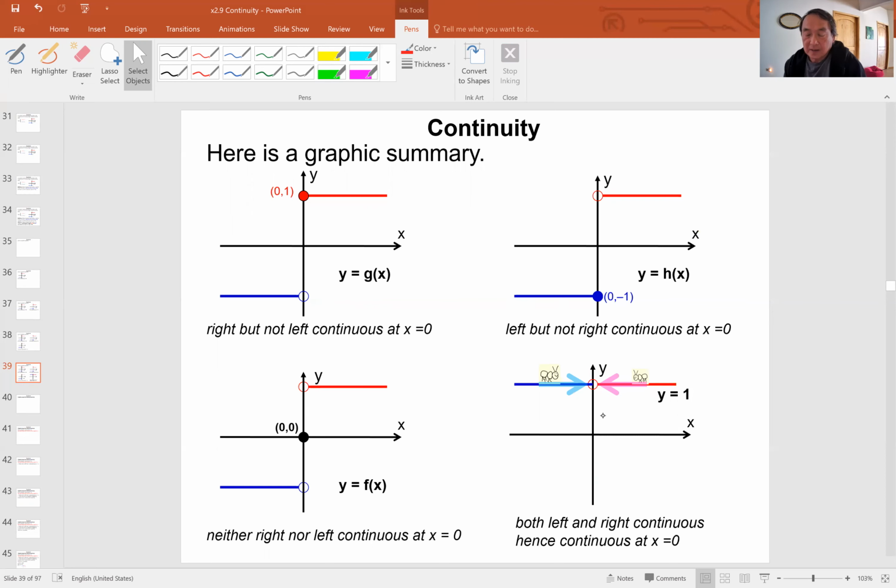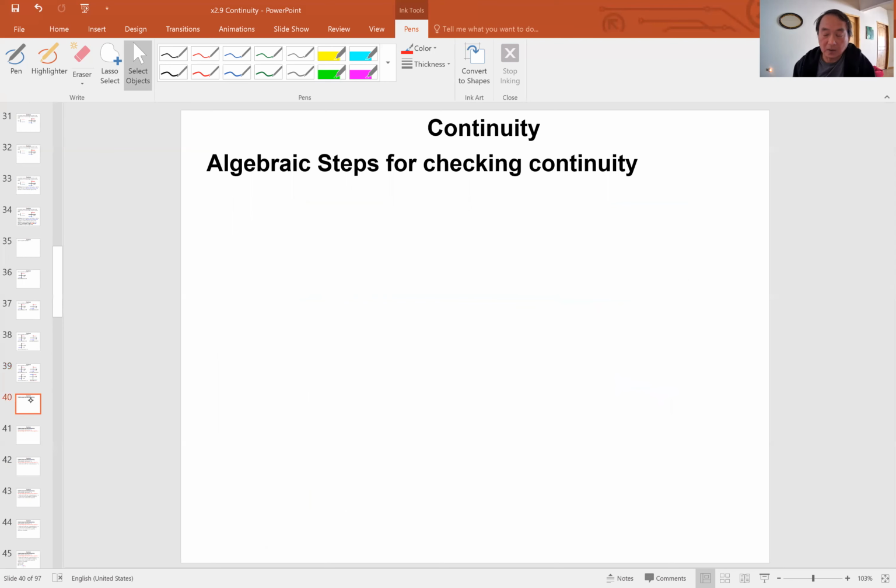And we find that we can actually fill in the point, and the two sides will be connected, right? This type of discontinuity we call a removable discontinuity.